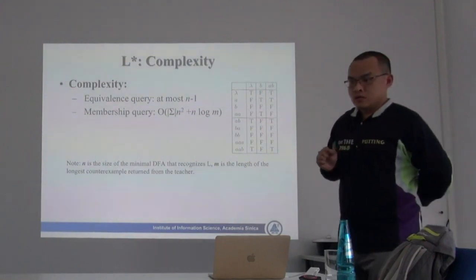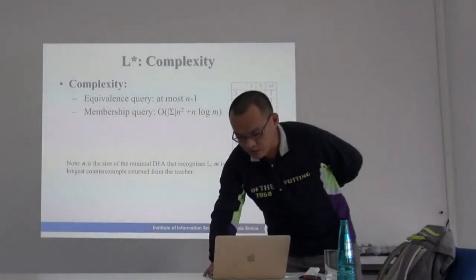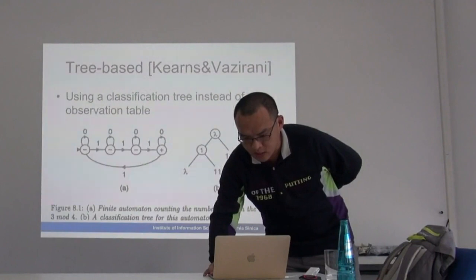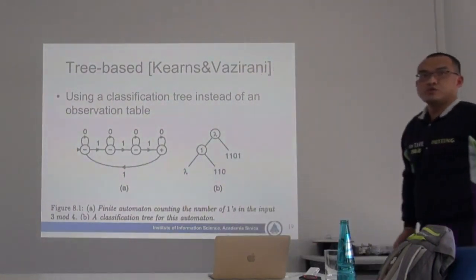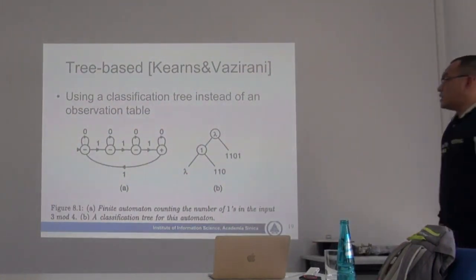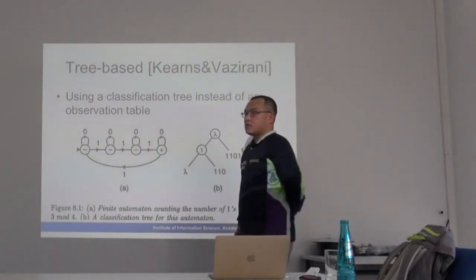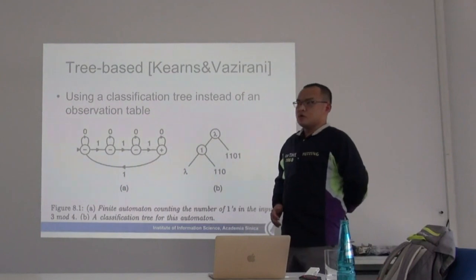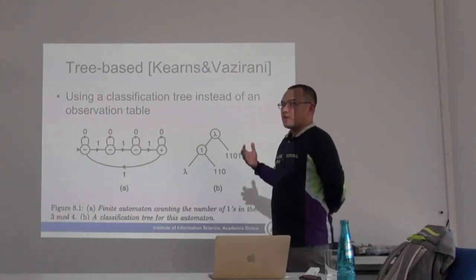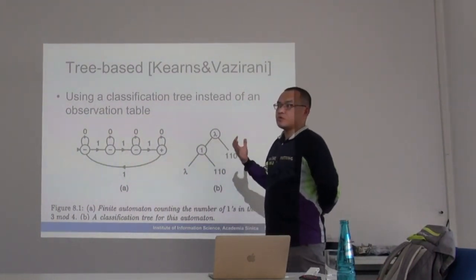So this is the basic version of the automata learning algorithm, and then I will try to cover another version which is more efficient. The previous version used a table structure to find out whether two strings belong to different states.